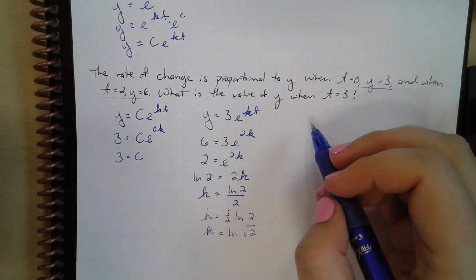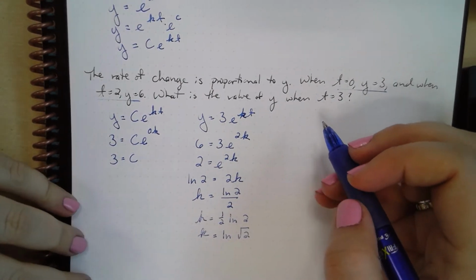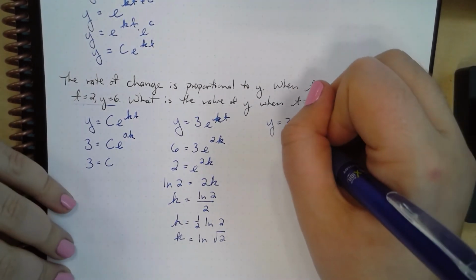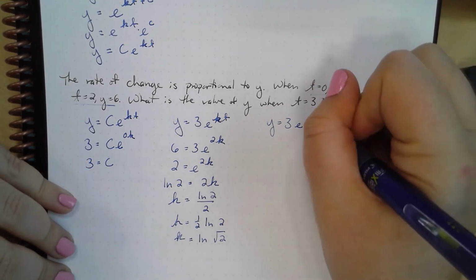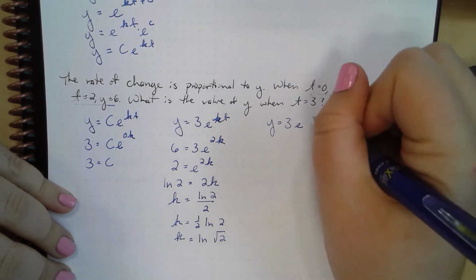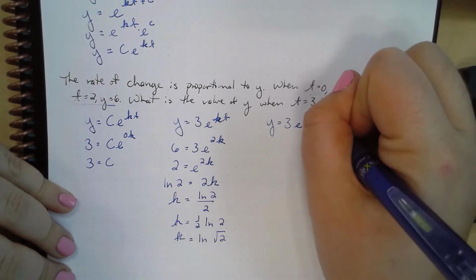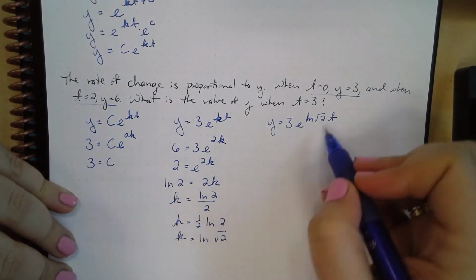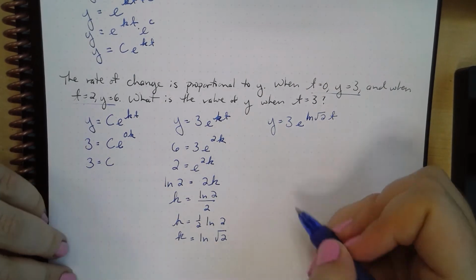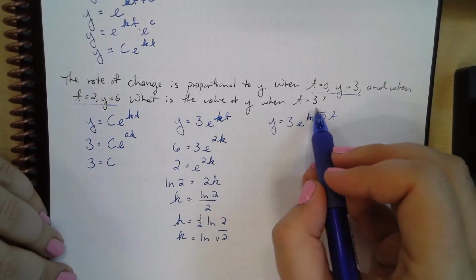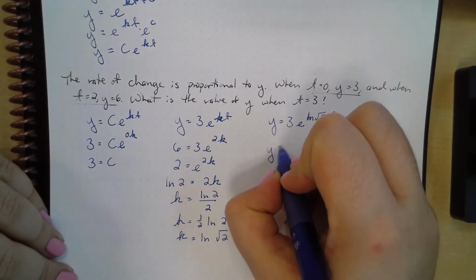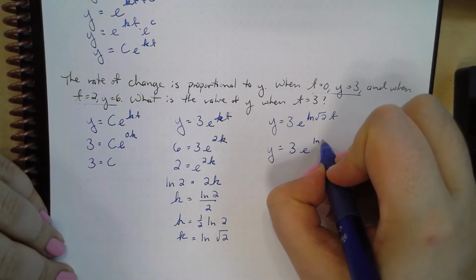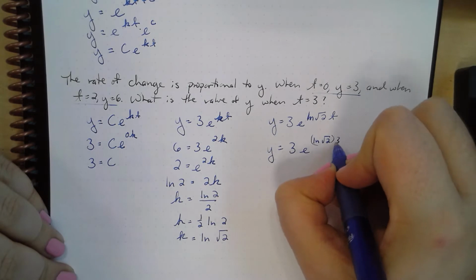So now the value of y when t equals 3. Well, our model here is going to be y equals 3e to the ln of radical 2 times t. You could use any of these versions of k, but I just felt like this one would be the simplest. So we want to find the value of y when t equals 3. So y is going to be equal to 3e to the ln of radical 2 times 3.